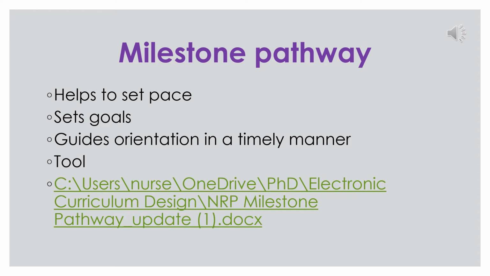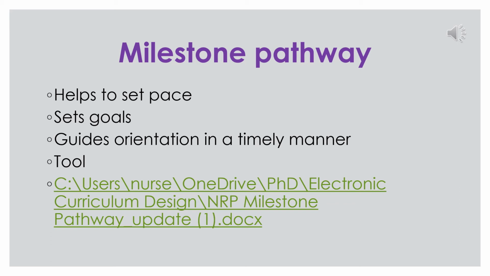In this module, you also have a handout that is given to the nurse residents as well as you guys. It's called the milestone pathway. That form was created so that all residents follow the same path and trajectory through their orientation.